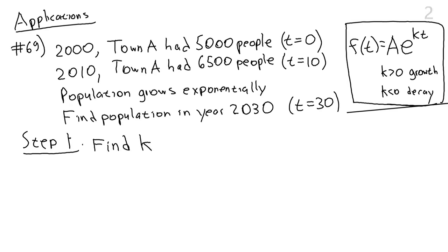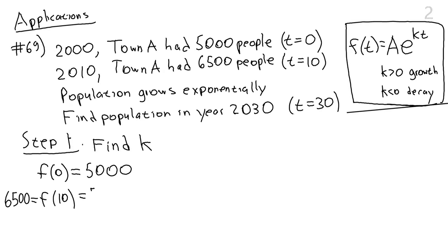So find k. K is the growth constant. We find k by plugging in the 2 values that we know. We know that at the start, at t equals 0, f of 0 is 5,000. This already tells us that in our formula, a is going to equal 5,000. We also know that when t equals 10, our population is 6,500.